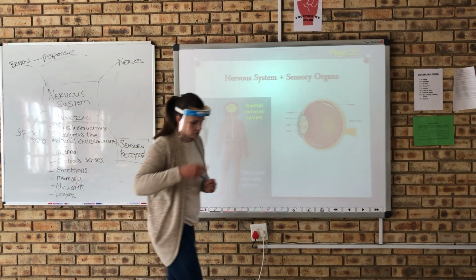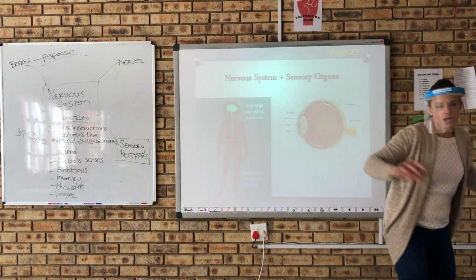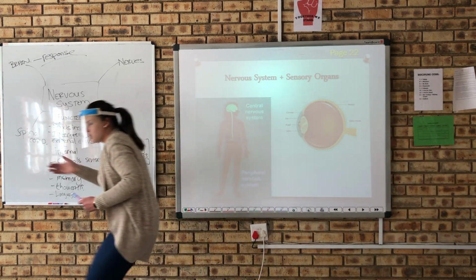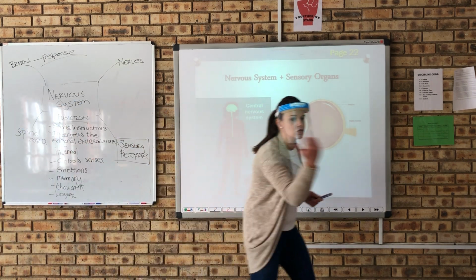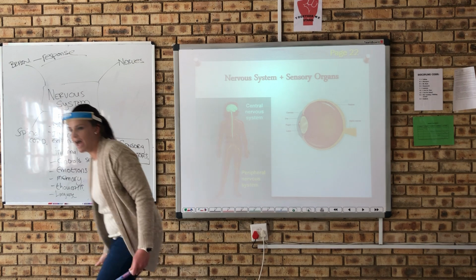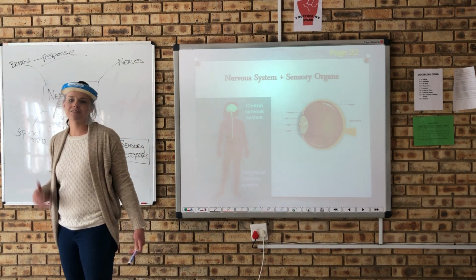The brain's picking up, I've got too much carbon dioxide. I need to increase heart rate. I need to increase respiratory rate because we've got more activity and therefore we need more. And so your brain is giving a response because if you don't increase heart rate and respiratory rate, you're going to die.